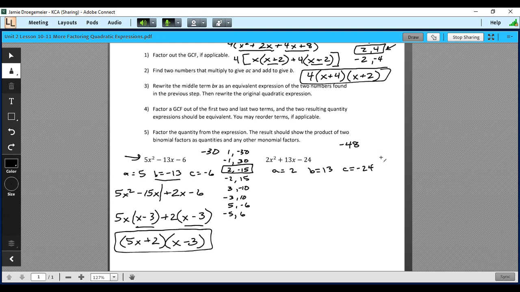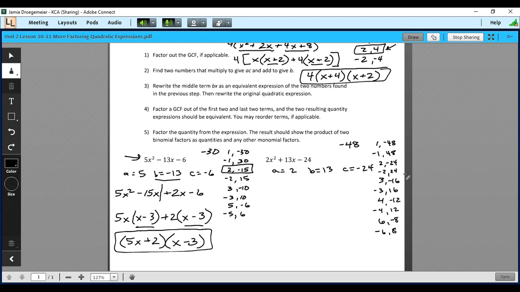So on step 2, A times C is negative 48. I need factors of that negative 48. So 1 times negative 48, negative 1 times 48, 2 times negative 24, negative 2 times positive 24. We would have 3 times negative 16, negative 3 times positive 16, 4 times negative 12, negative 4 times positive 12, and then finally 6 times negative 8 and negative 6 times positive 8.